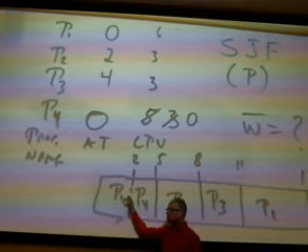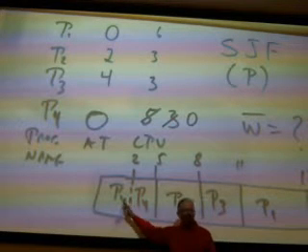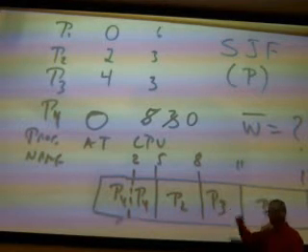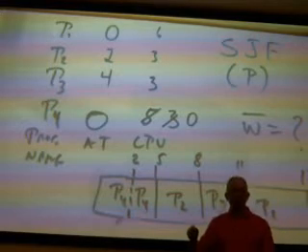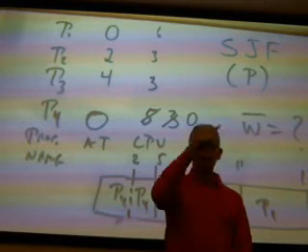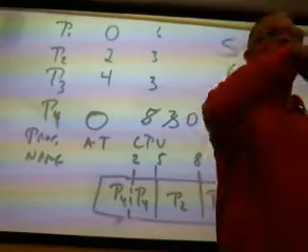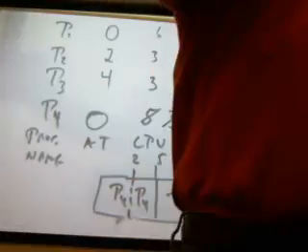But if you just give me P4, that's okay. But you have to give me the Gantt chart. You have to give me all the calculation. You cannot just tell me average waiting time 20. If you have only that as your answer, even if it is right, you get 0.